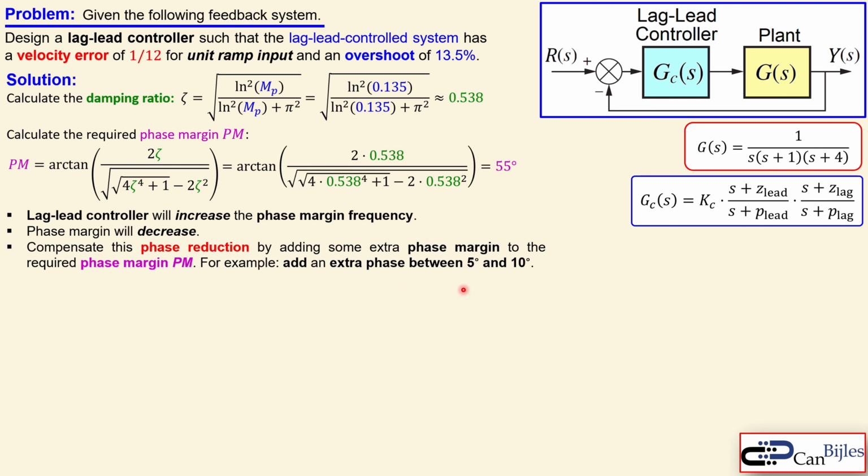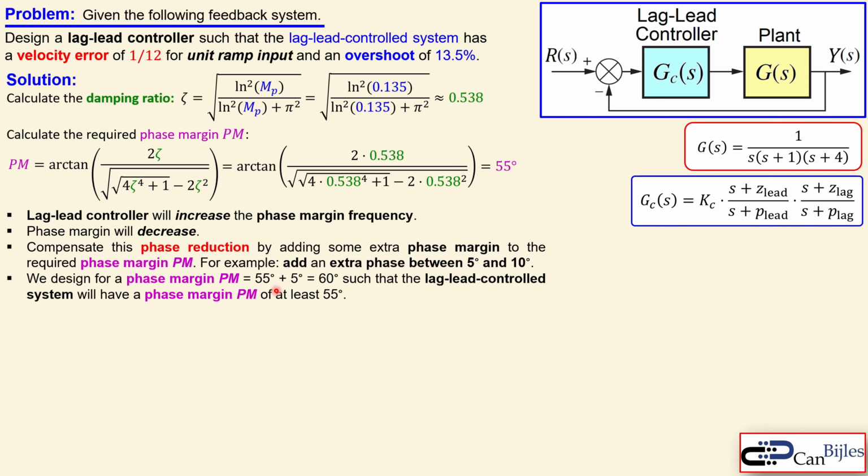So it can be between 5 or 10 degrees, or maybe smaller, maybe larger, depending on the specification or also the requirements. So in this case, we will add just 5 degrees extra, so 55 plus the 5 will get 60 degrees, such that the lag lead control system will get at least this 55 degrees. Maybe we have put here too much, which is not necessarily that much, but that is just for safety.